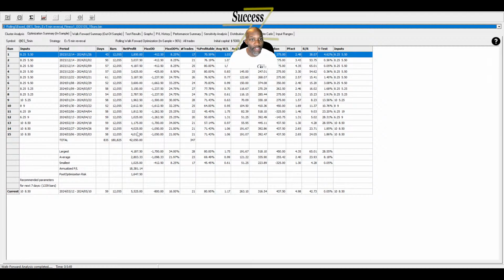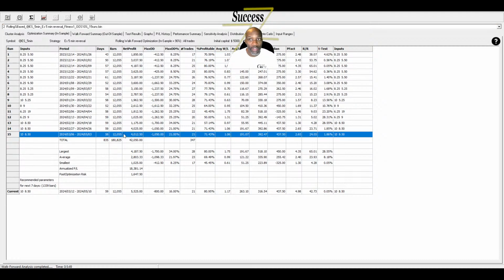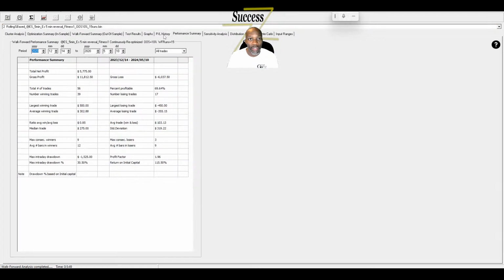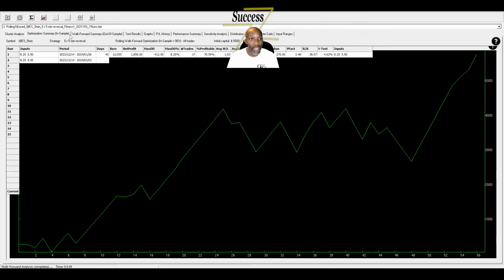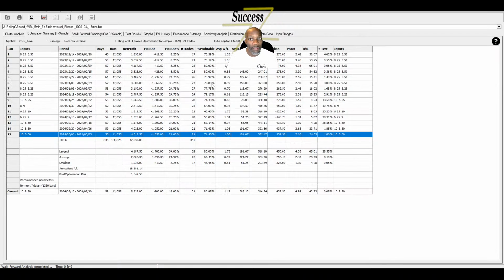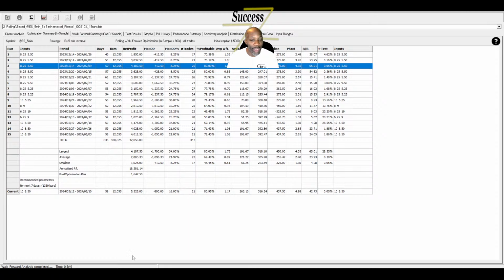The best one as far as profitability is either between this one, 4,000 net profit or 4,000 net profit, but these have $1,000 in drawdown. This one only has $412 in drawdown. I wonder. All right, and the values here for the inputs would be 10 and 8.5. If we did the values here for the inputs, it would be 8.25 and 5.5.